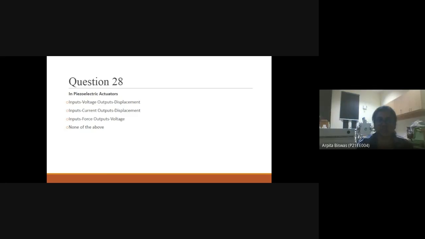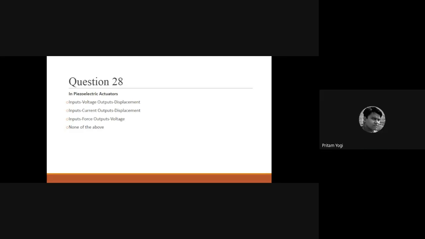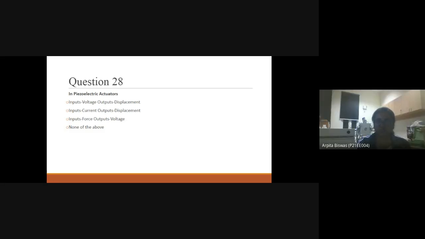And the next question is on the piezoelectric actuator. So tell me, what is an actuator? What is happening in the actuator? Energy is converted into motion. Okay, so in piezoelectric actuators, input energy is voltage and output energy is displacement, or input is current and output is displacement, or input is force and output is voltage, or none of the above.